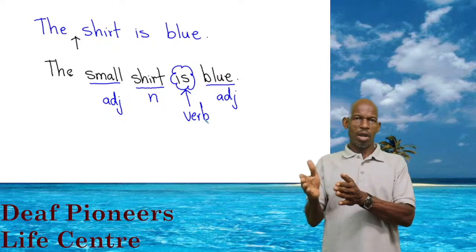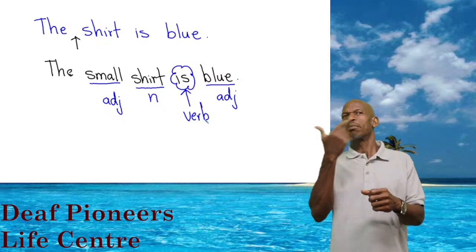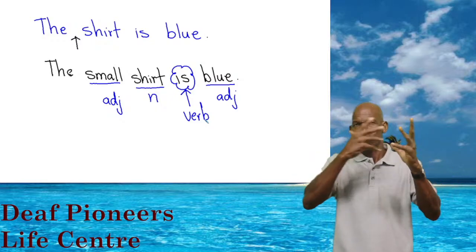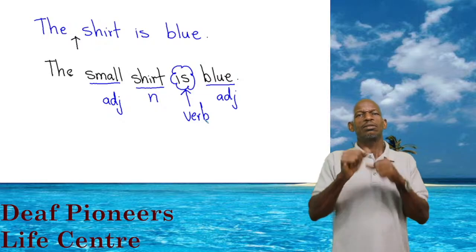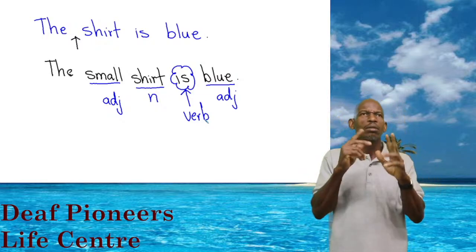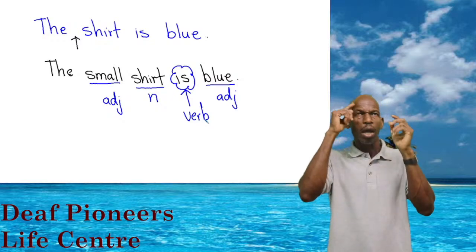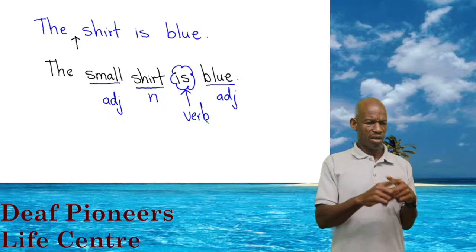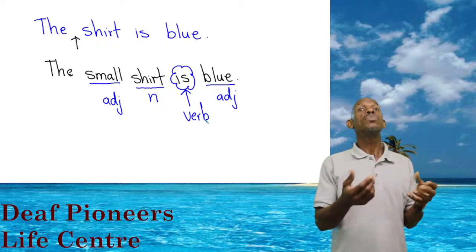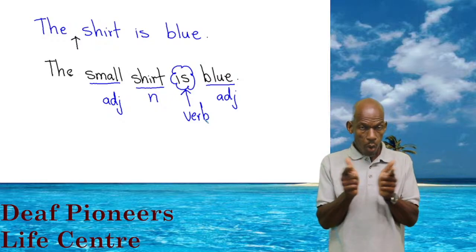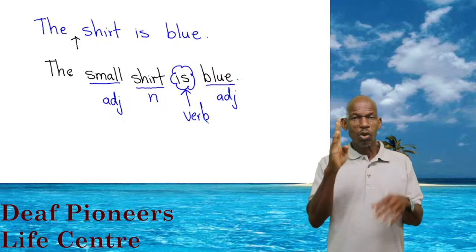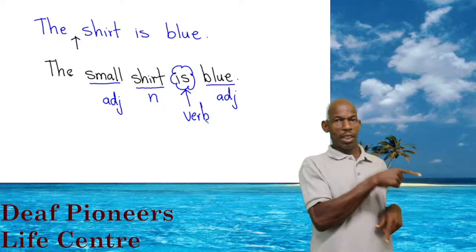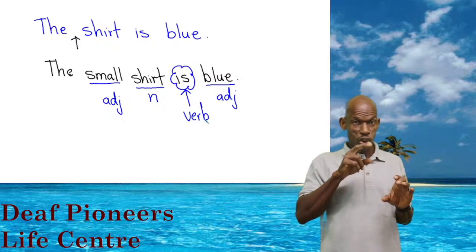So we can make better sentences, and that is what we look at when we are writing, how we use words to express ourselves in English. I am not only saying that the shirt is blue, I'm giving more information by saying the small shirt is blue, because there might be a number of shirts on the table or wherever. But I am identifying the one that is small, and also identifying that it is blue.